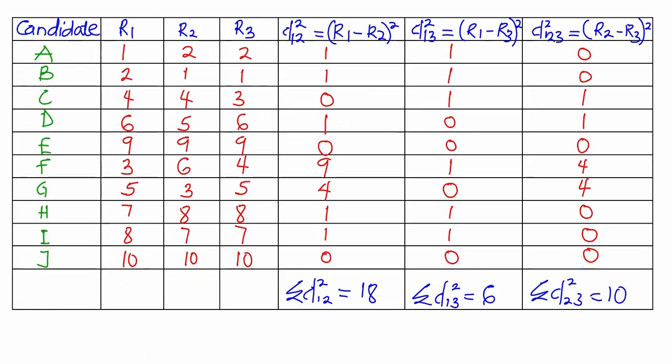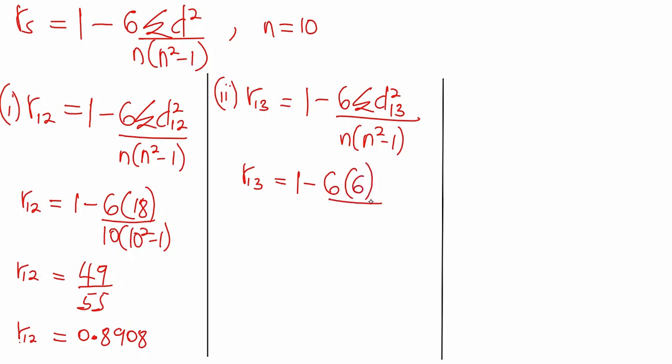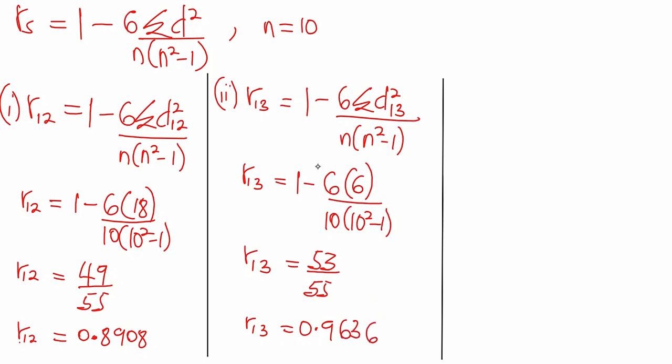So you come and substitute the value respectively, divided by 10, and then we have 10 squared minus 1. So our R of 1, 3 in its simplified form gives us 53 on 55. So in decimal, our R of 1, 3 is equal to 0.9636.